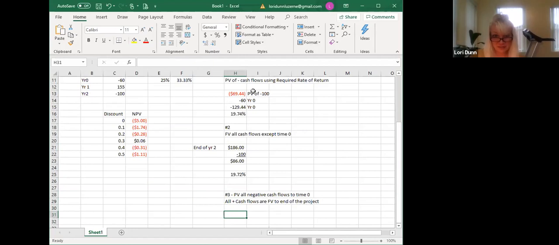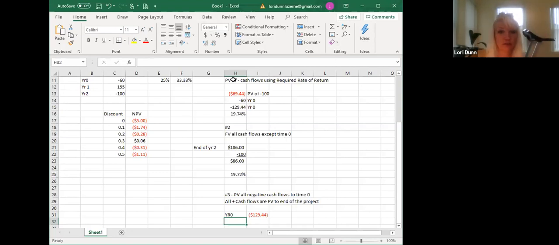So the negative cash flows would cause our time 0 to be negative 129.44, because we took the negative 100 from the end of time 2, brought it back to present value.